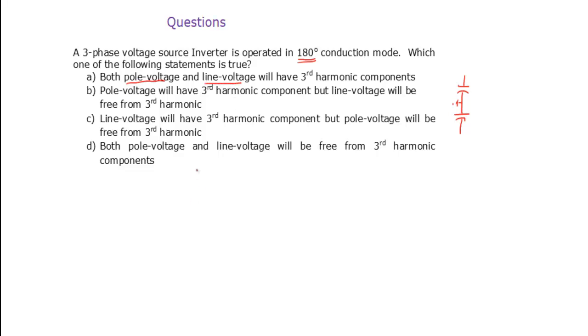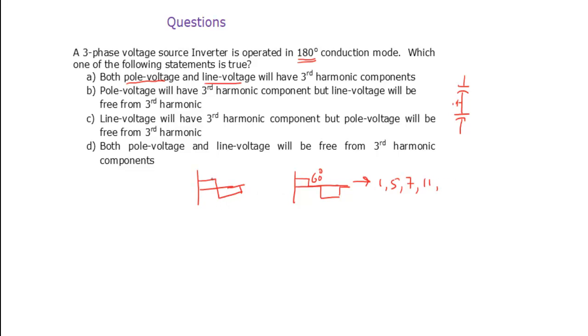Pole voltage, in case of 180-degree mode, is a square wave, and line voltage is a quasi-square wave with 60-degree (cos 60) width, which means it will have all odd harmonics except triplen harmonics, nothing but 1, 5, 7, 11 and so on.